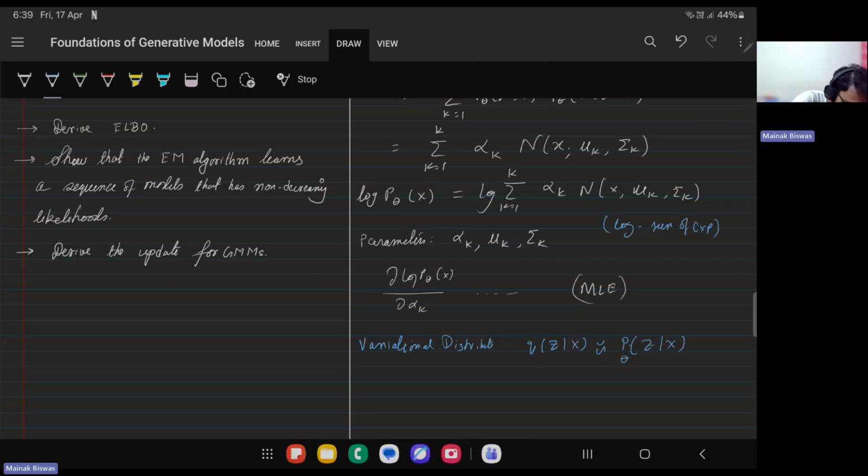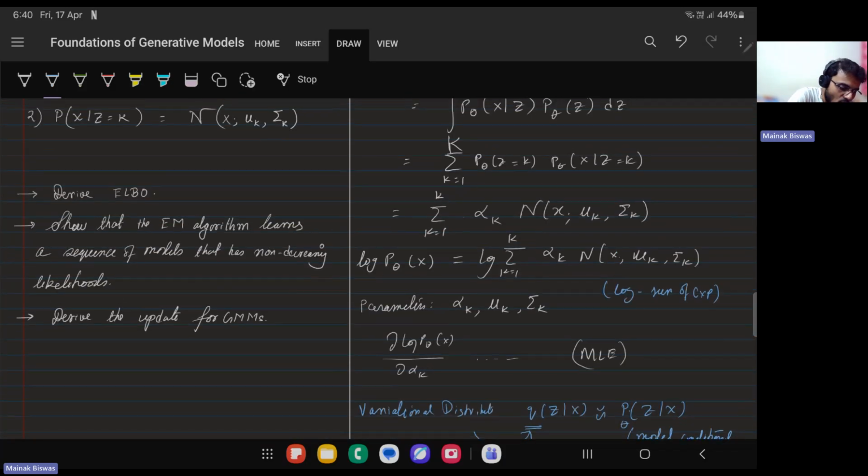So this is the variational distribution, and this is the model conditional distribution, or often you can call it the posterior distribution of the latent. You want to make them equal because it's very difficult to learn this joint, because this joint has all the sums over all the values of z. So we'll see how to do that.